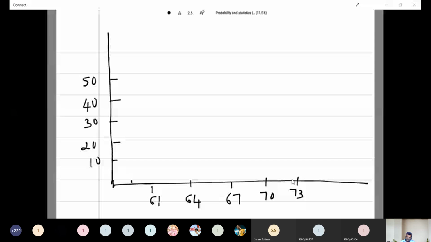Now midpoint is equal to 61. Therefore, this one from 60 to 62. What is this value? 5. Frequency is equal to 5. And 64, what is this one? Frequency is 18. Then next 67 is equal to 42.